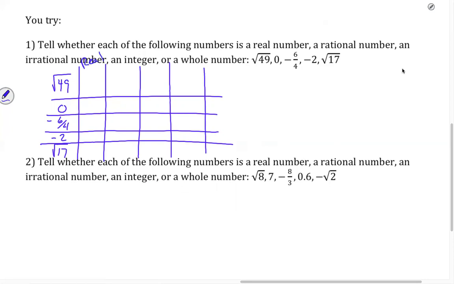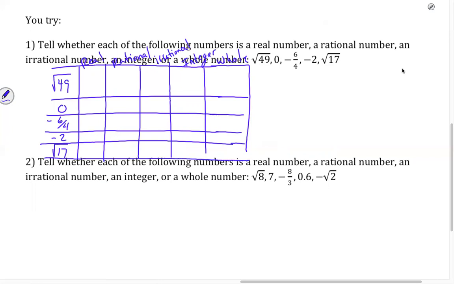Real, rational, irrational, integer, and whole. So I kind of made a table just like above.